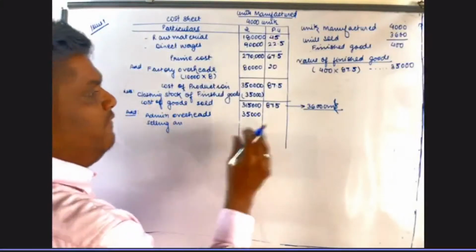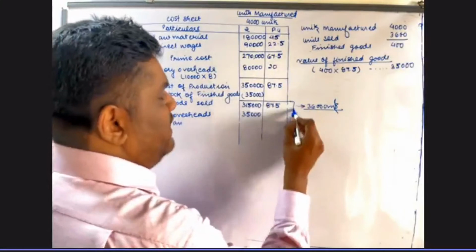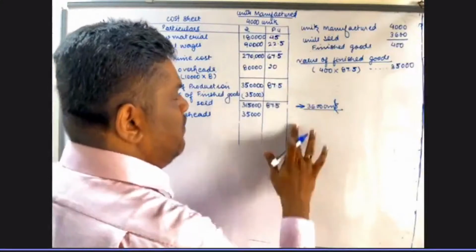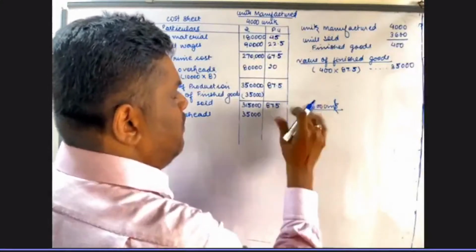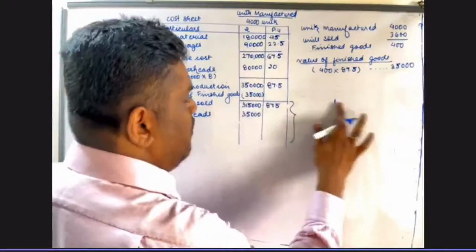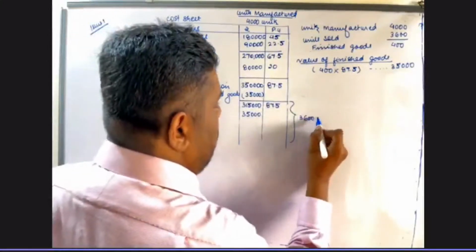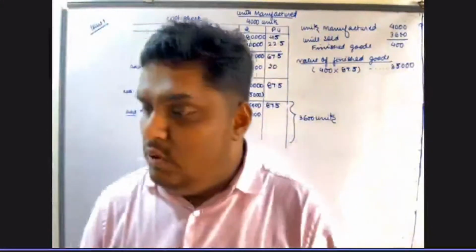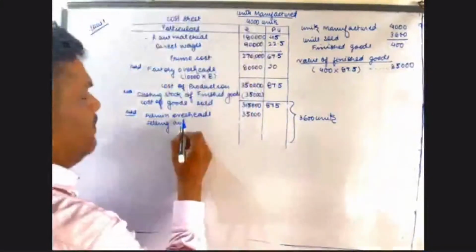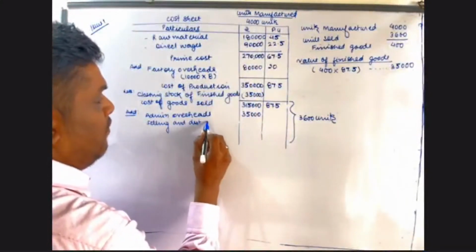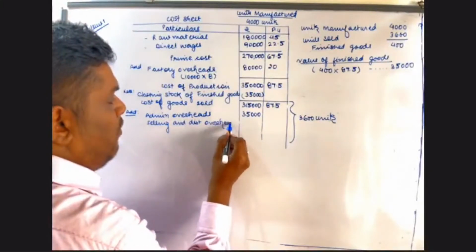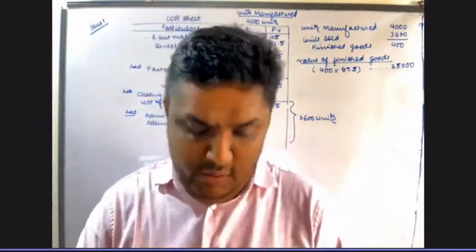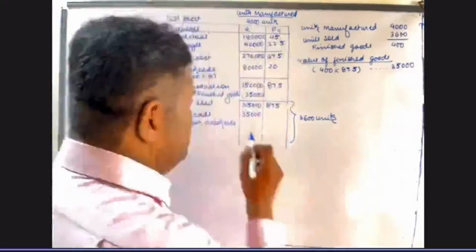From here onwards the information will be calculated as per 3,600 units. Add selling and distribution overheads. It is given in the question, that is at the rate 5 per unit. So 3,600 into 5. So this will be 18,000.